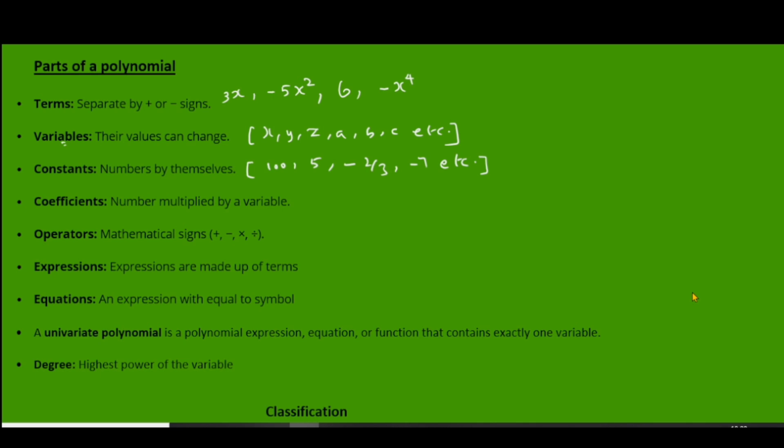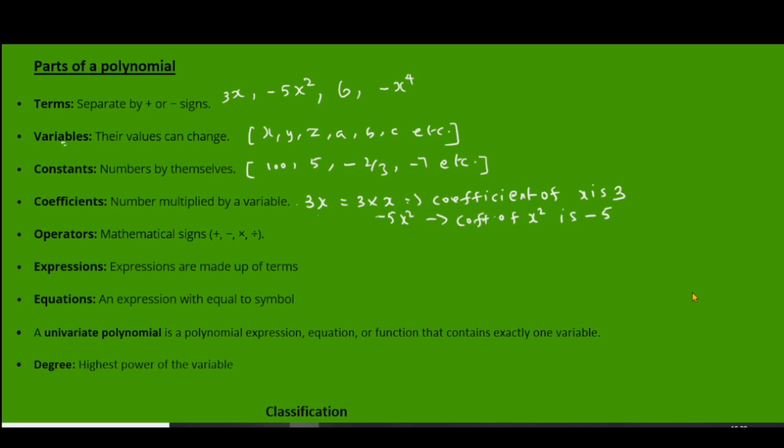Coefficient is a number multiplied by a variable. Look at the term 3x. Here 3 is multiplied with the variable. So here you can write: coefficient of x is 3. Suppose you take minus 5x squared, the coefficient of x squared is nothing but minus 5. With the sign, you need to write what the number is.